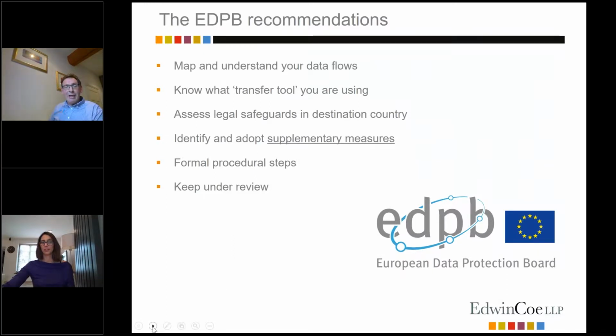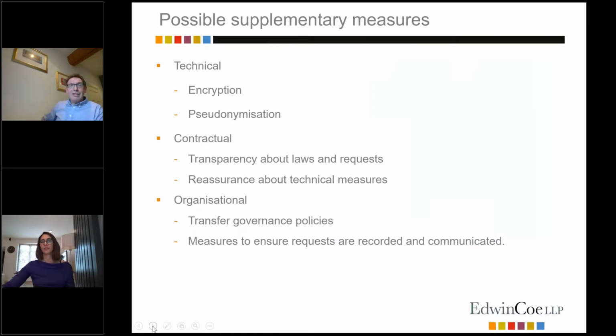One of the key takeouts for me in that is what a supplementary measure really is, and they are classically divided into three. So we have technical supplementary measures, and then contractual and organisational measures. And for me, and I think this is a fairly commonly held view, it's all about the technical measures, quite frankly.